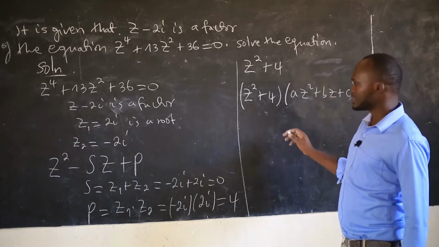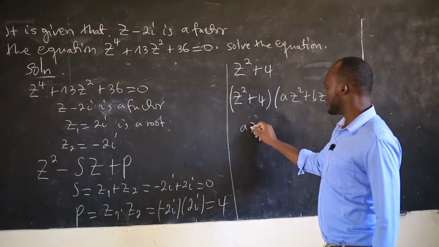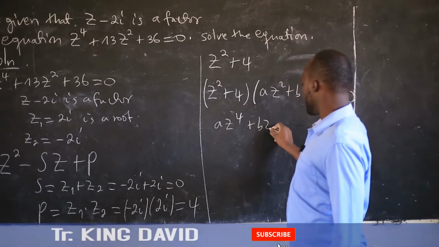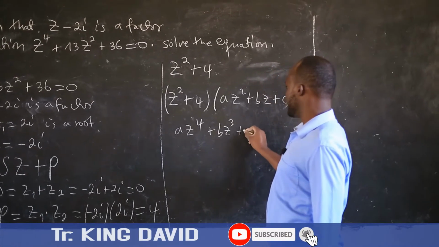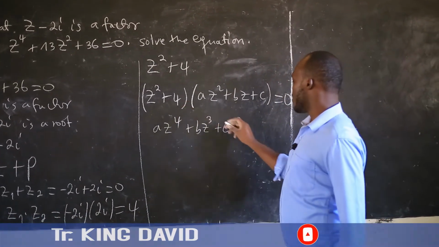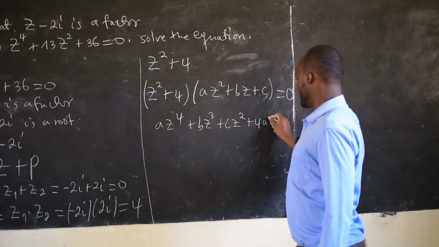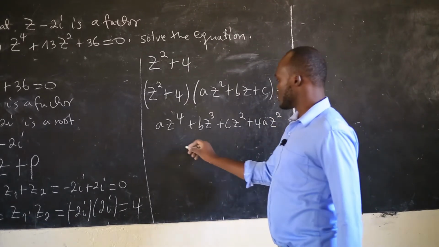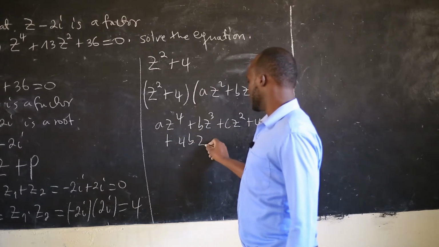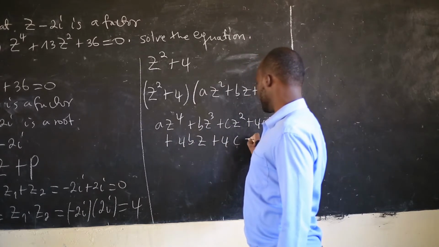If we expand this, it will be az power 4, bz power 3, cz squared, 4az squared, plus 4bz, plus 4c equal to 0.